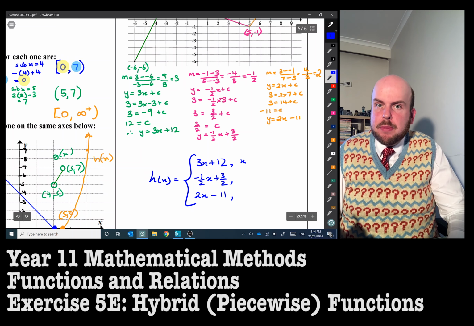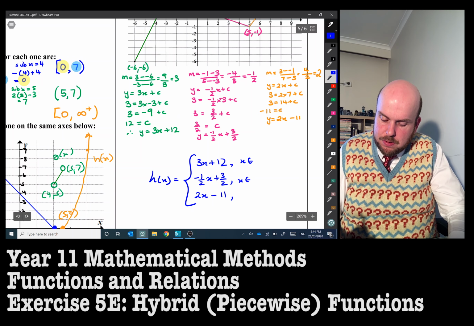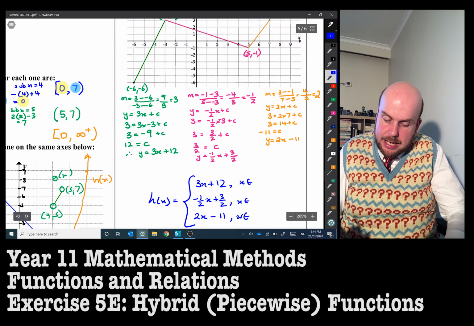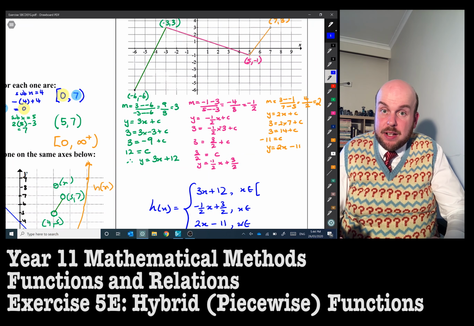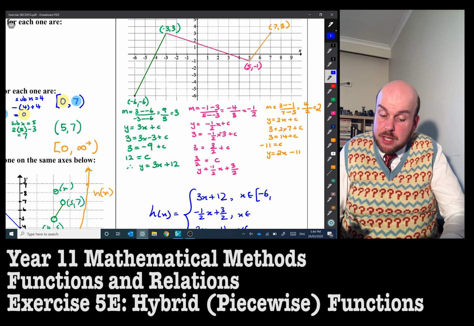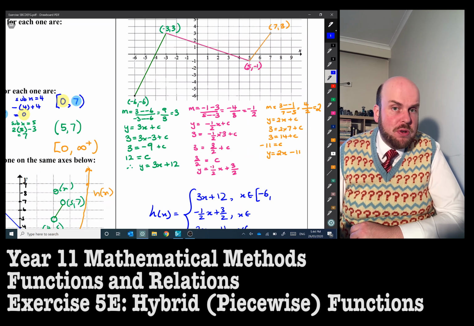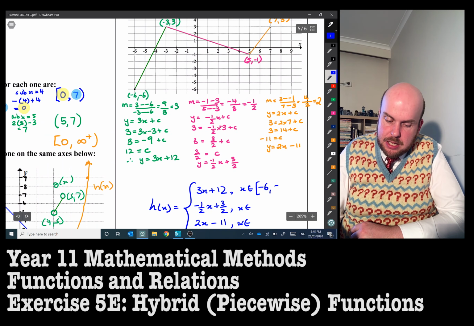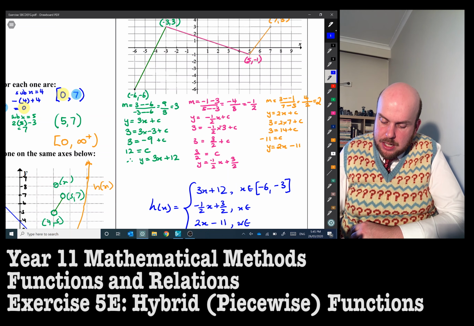Now we've got some flexibility as to what domains we choose. So we definitely know that that -6, the x value, is including, because it's a colored in dot. Now for the next one, we can actually choose if we want to have that as including or not including. It doesn't matter. Just for the sake of clarity, why not? Let's make that including. So the next one, the pink section, is going from -3 to 5.